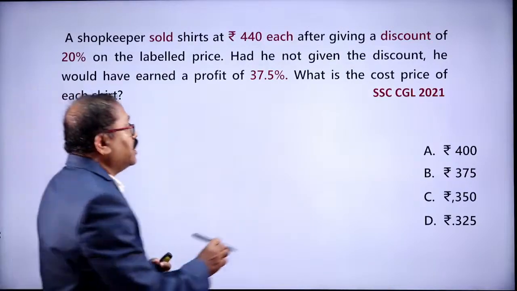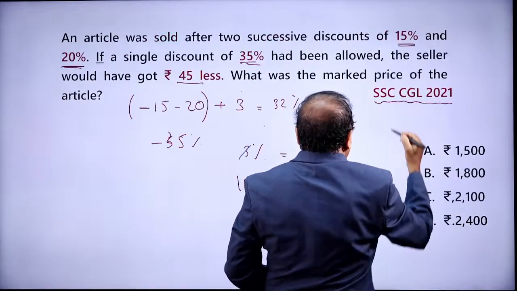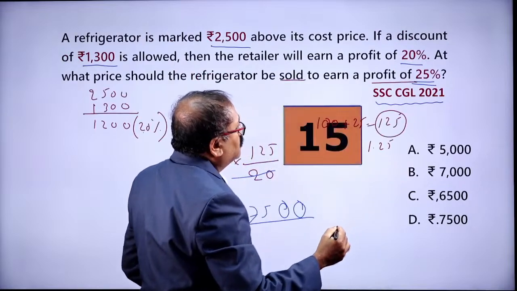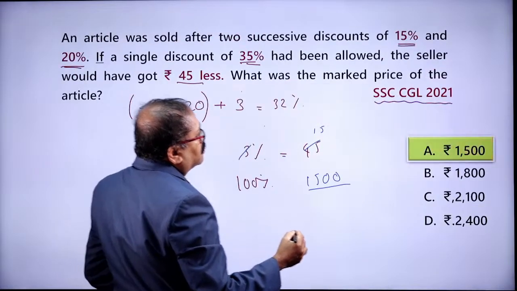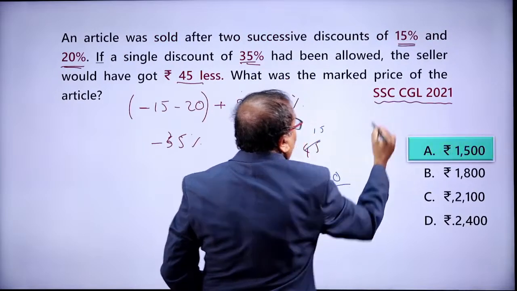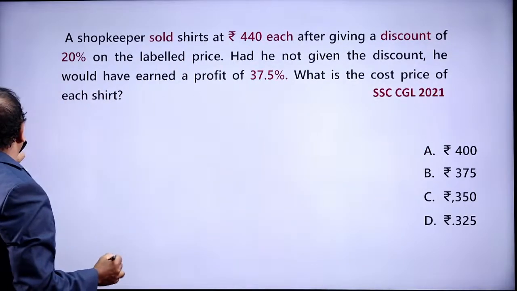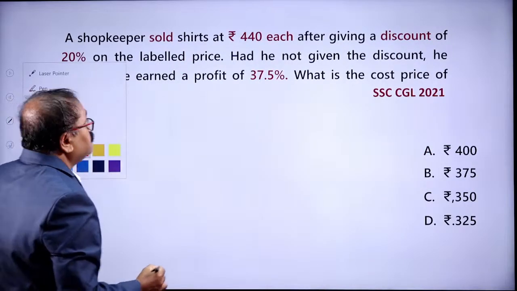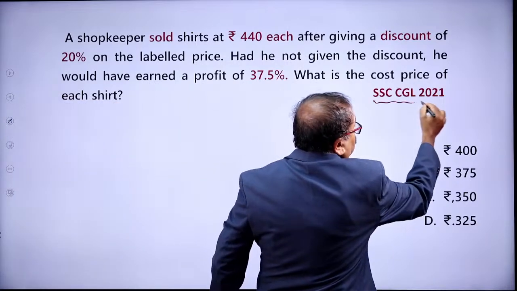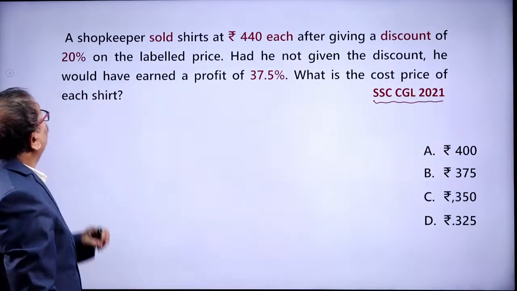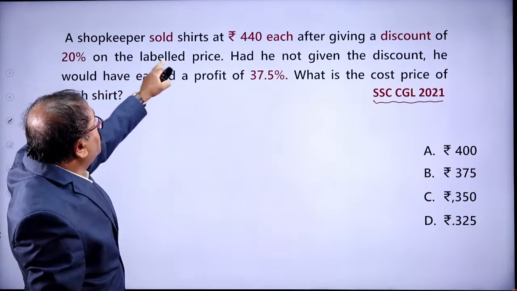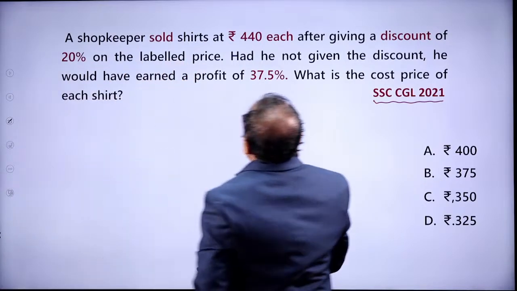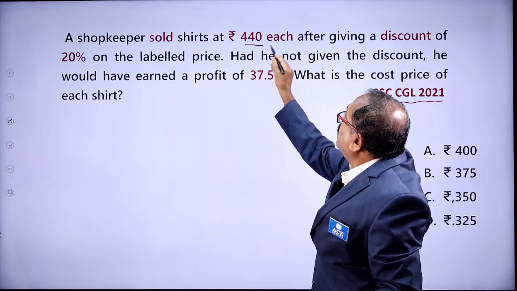Okay, now I will answer this question here. This is again from SSC CGL of 2021. What does it say? A shopkeeper sold shirts at 440 each.